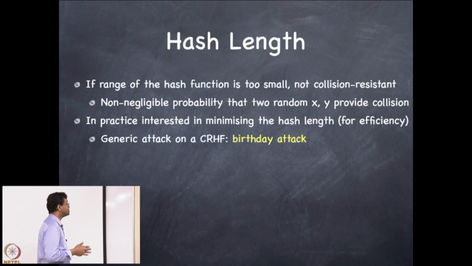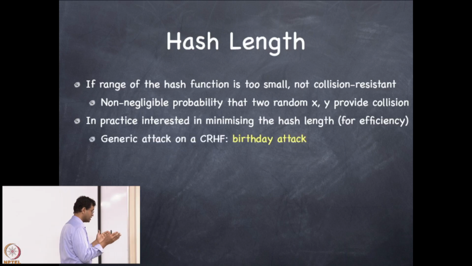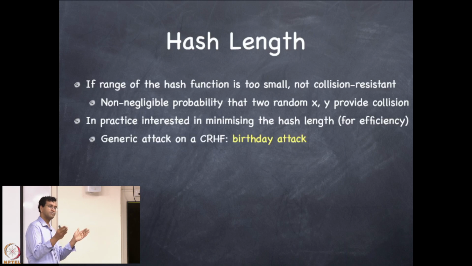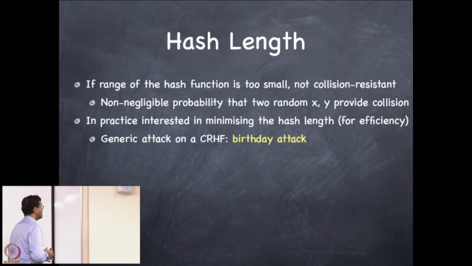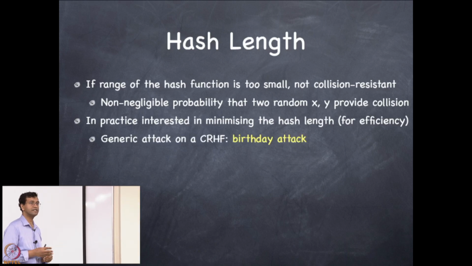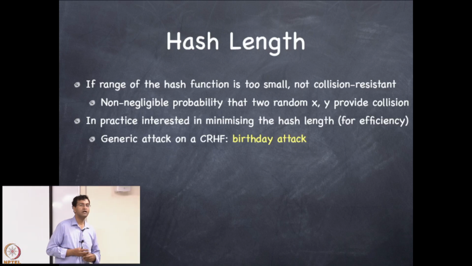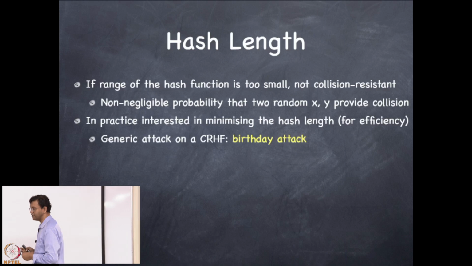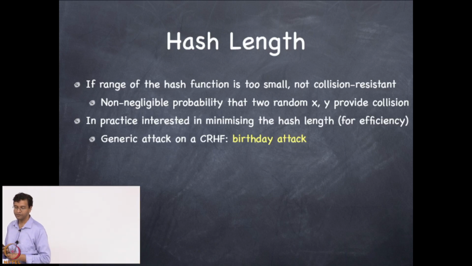So there is a sweet spot as to how small you can make this hash function. And one important consideration there is what's called the birthday bound or the birthday attack, which is a slightly non-obvious way of coming across collisions.